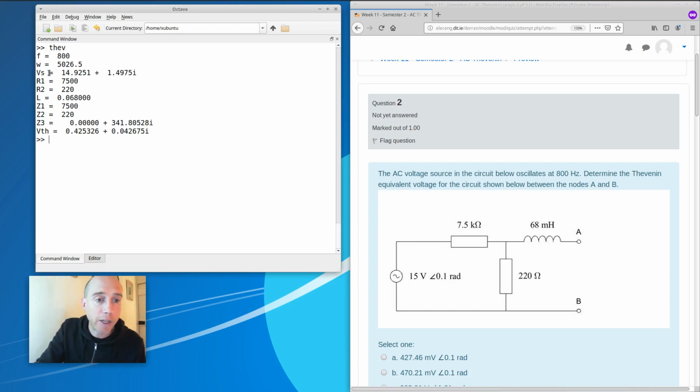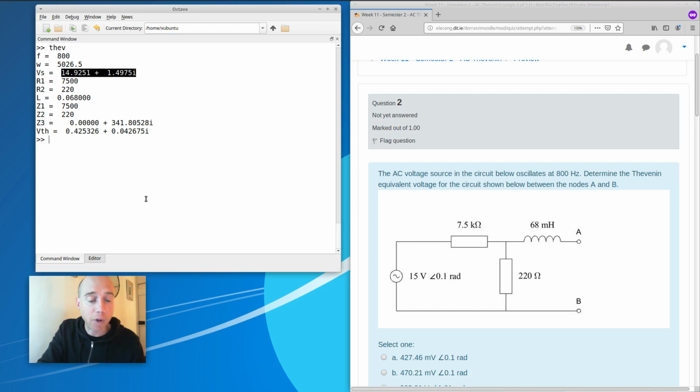So you can see it writing in the values into all these variables. Here's where it calculated the complex number. That's a magnitude of 15 volts with a phase angle of 0.1 radians. Now you can see that it's shown here in Cartesian form, so as a real and imaginary part, even though we entered it in polar form here.